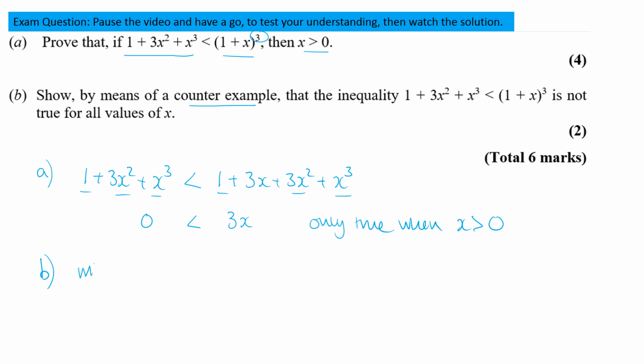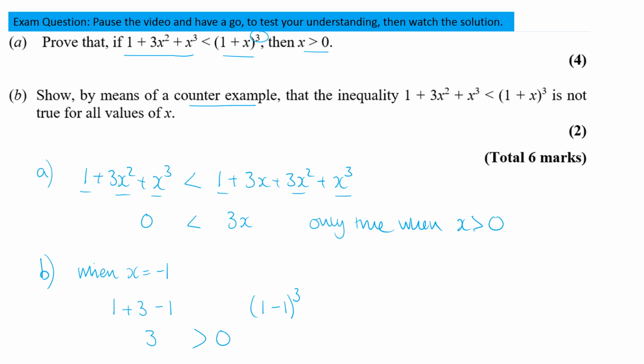So I'm going to put in x equal to minus 1. You're going to have 1 plus 3 times minus 1, and then on the right you're going to have 1 minus 1 all cubed. So on the left, 1 minus 1, you're just going to be left with 3, and that is actually bigger than 0.